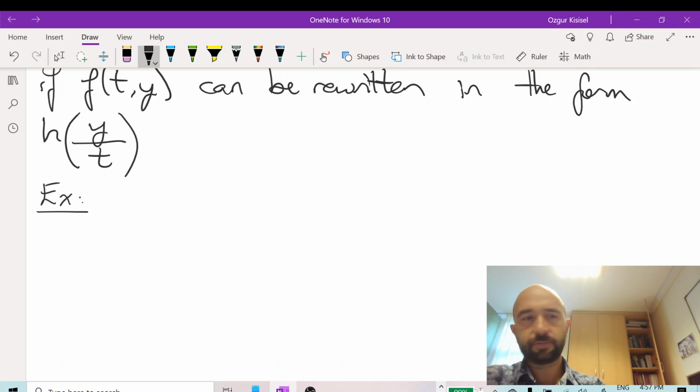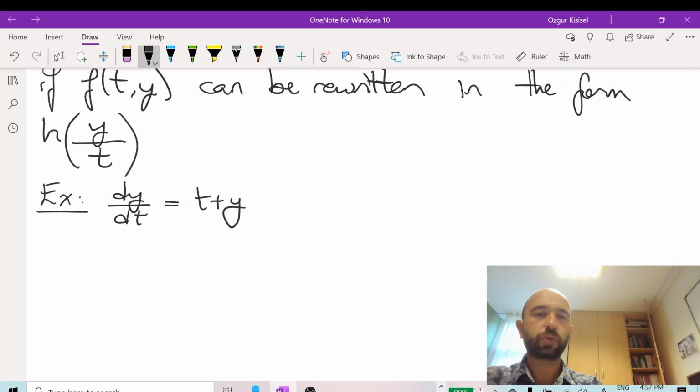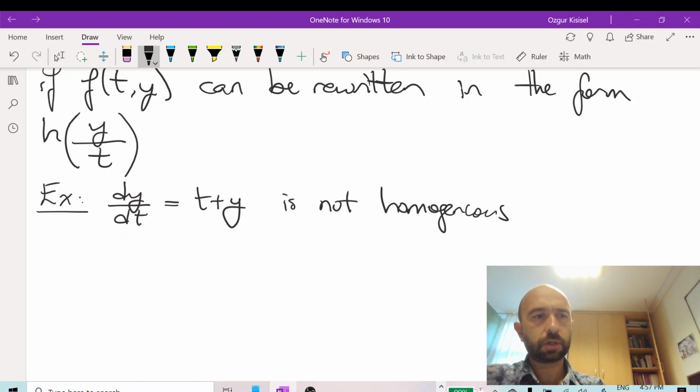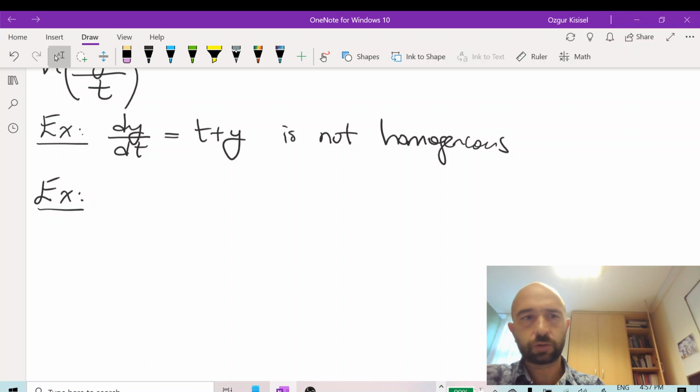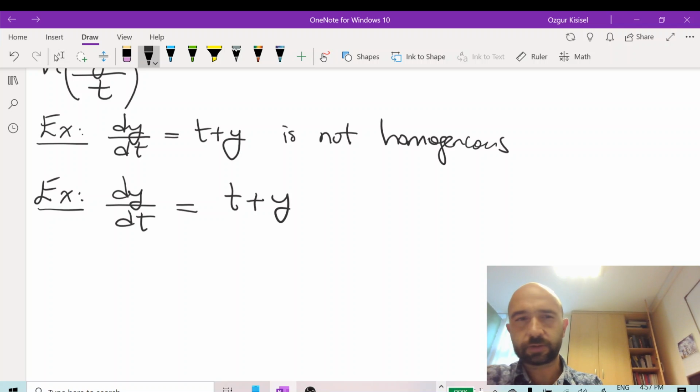Okay, for instance, dy dt equals t plus y is not of this type. It's not homogeneous. However, the second example is, let me tell you, dy dt equals t plus y over t minus y.